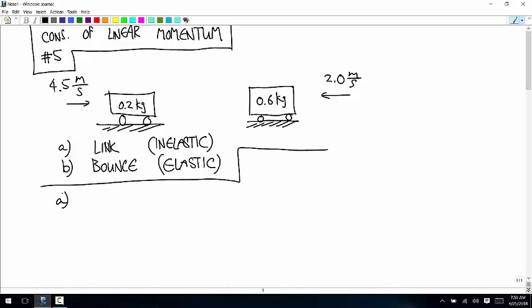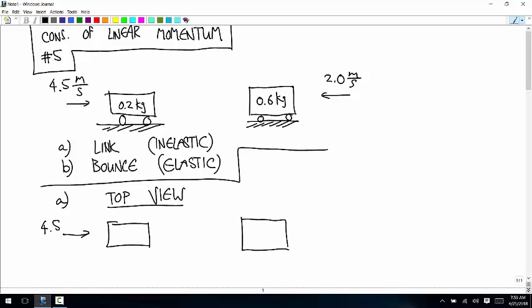So for part A, I'm not going to go through the whole calculation, but if you think of this in a top view, you have this one going 4.5 meters per second that way, the other one going 2 meters per second this way. We'll use a coordinate system with the x-axis in line with the direction they're moving.